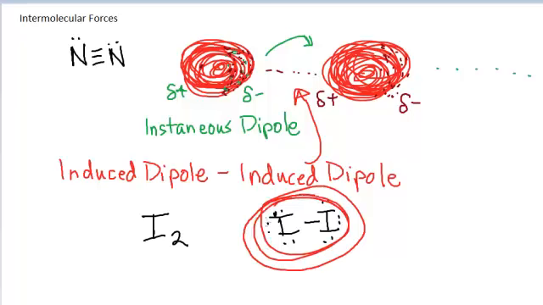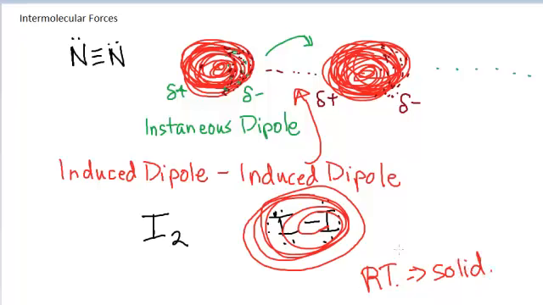This molecule also has the same thing happening with induced dipole forces, and for iodine, you don't have to cool it down very far in order to get it to be a solid even. In fact, at room temperature, iodine is a solid.